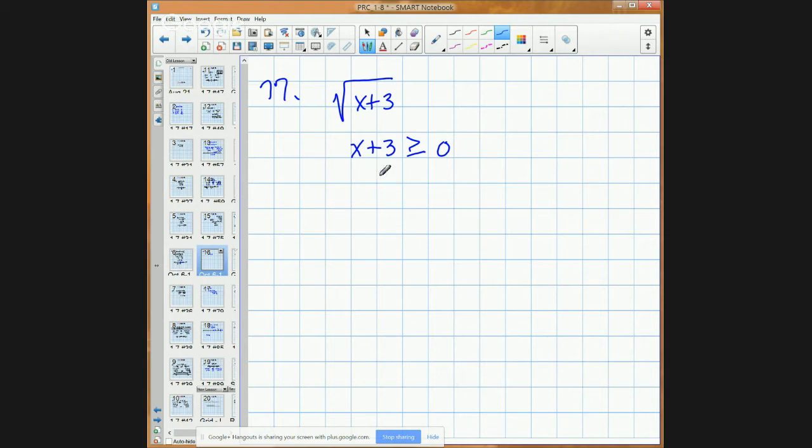Subtract 3 from both sides. And you've done it. So what values of x do we need for this radicand not to be negative? Answer, it's got to be -3 or bigger. So that's really all there was to number 77.